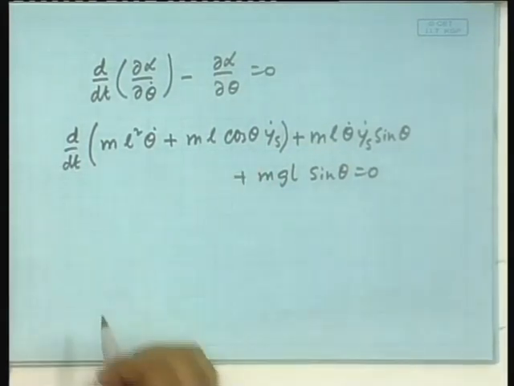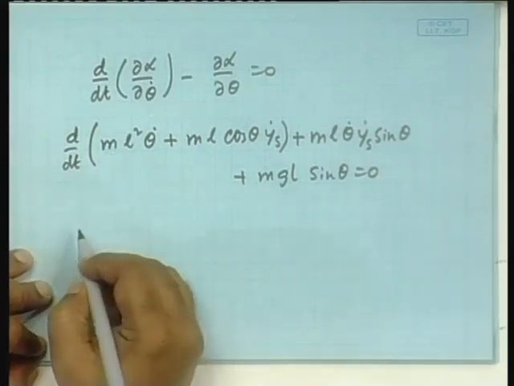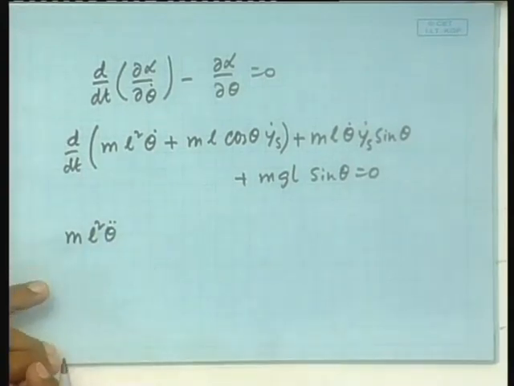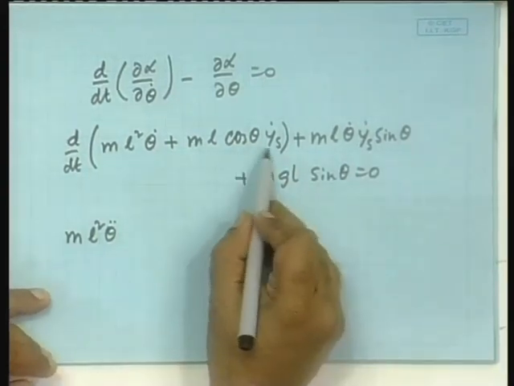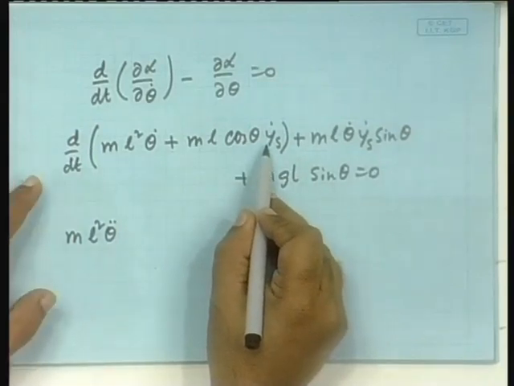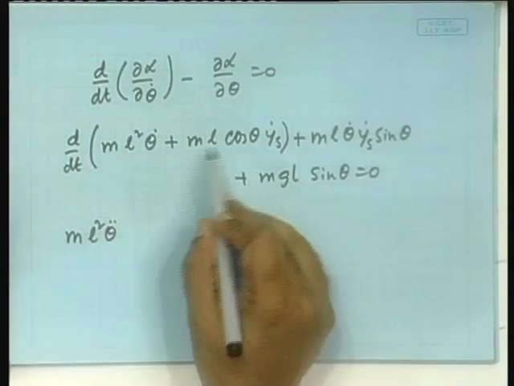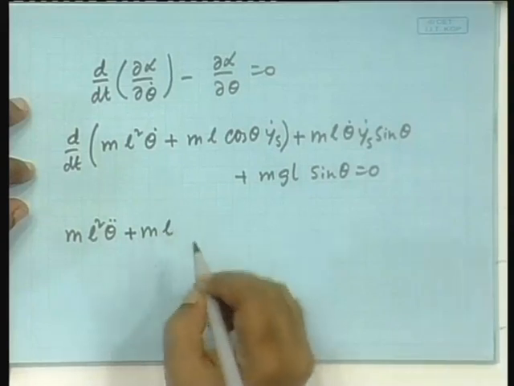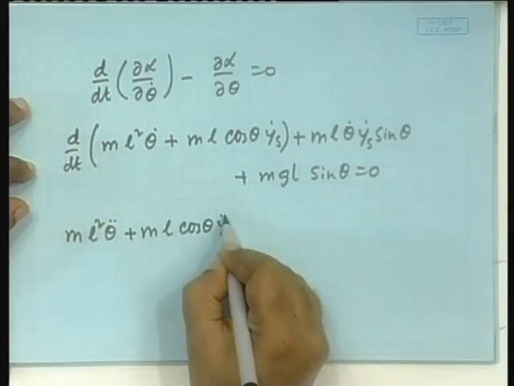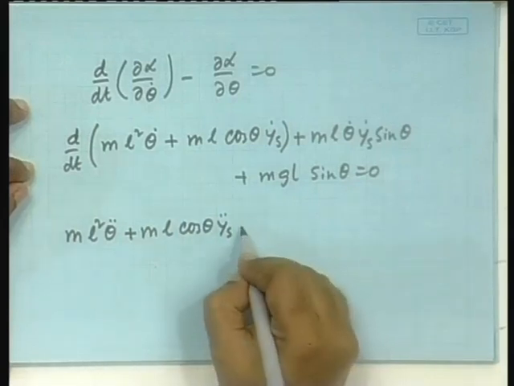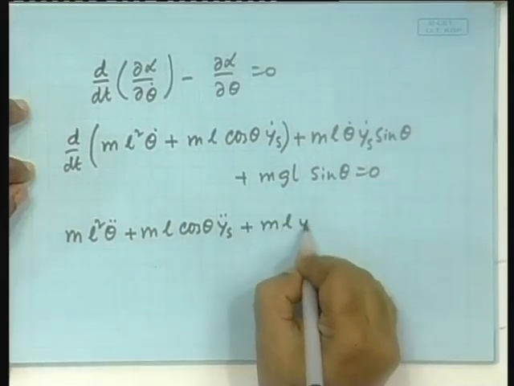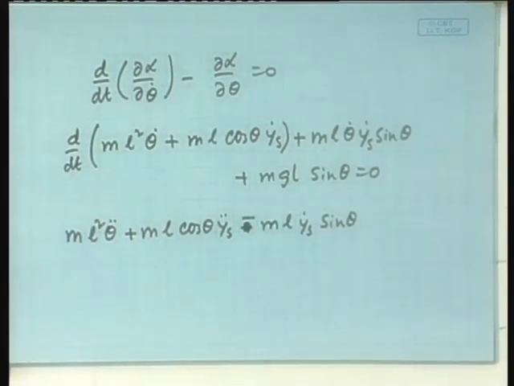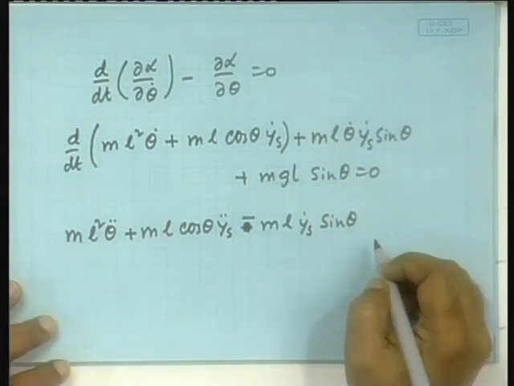Now, you differentiate this. If you differentiate this, what do you get? Firstly, you get m L squared theta double dot. Now, here are two quantities that depend on time, and therefore you have to be careful in differentiating this term. You have to say plus m L cos theta y double dot s, plus m L y dot s sin theta, into theta dot.